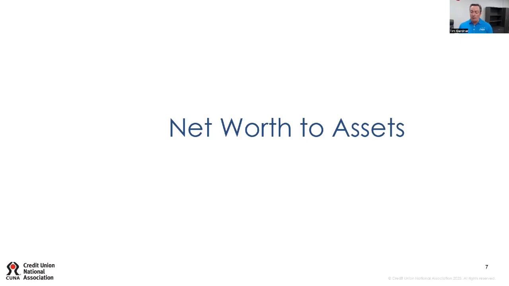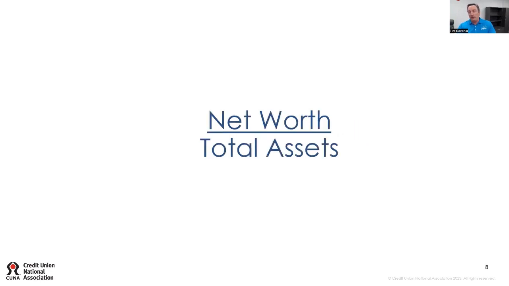So that can help you figure out where am I supposed to go to get the numbers. Net worth to total assets is a big focus for the regulators. And so therefore, we in credit unions have to understand, well, why does the number change? And then be able to explain that to anybody that might be asking.